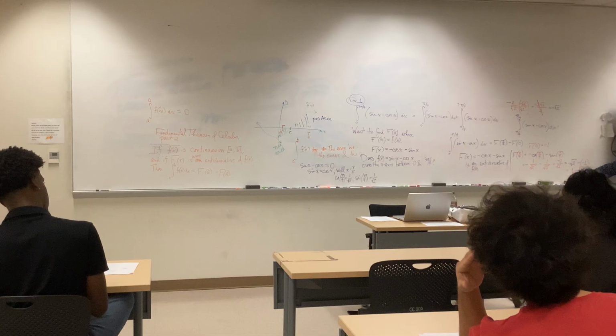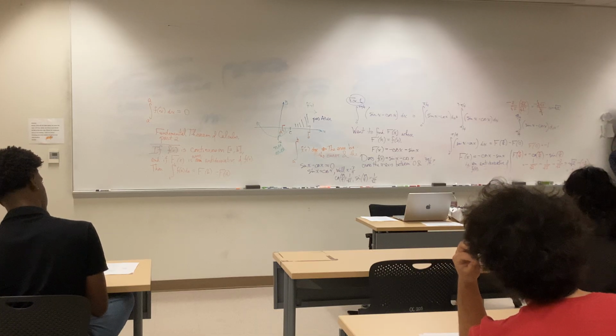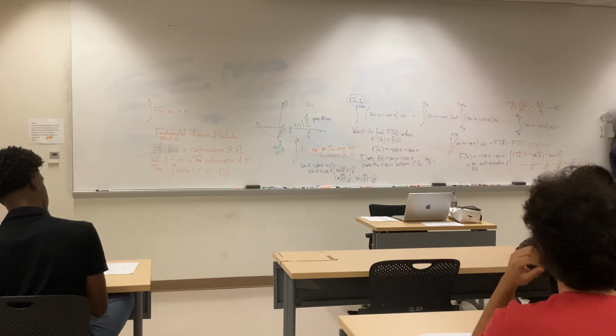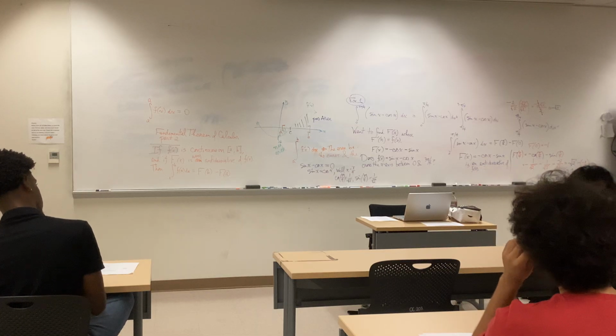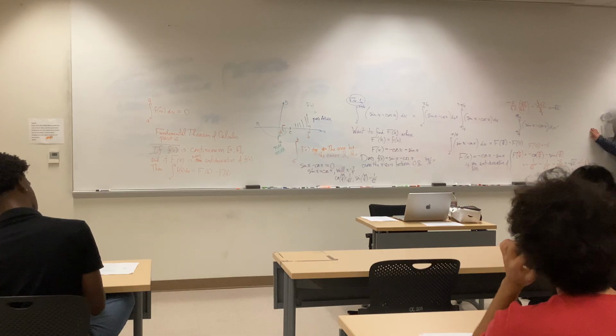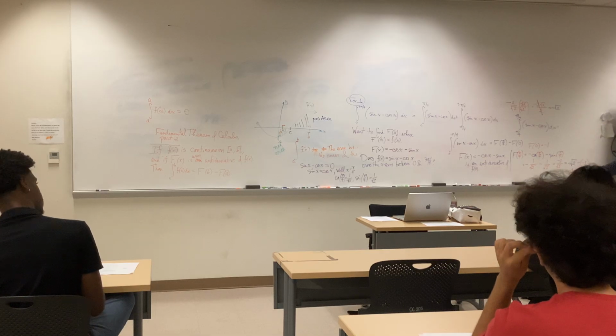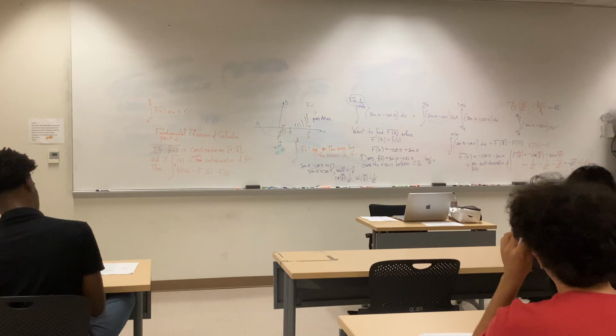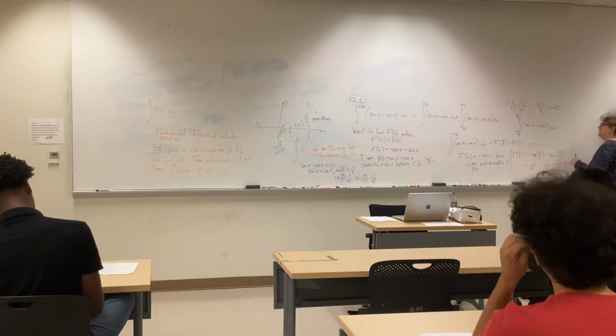Which is larger, 1 or the square root of 2? That's right. Square root of 2 is a number between 1 and 2, and so it's bigger than 1. So we do indeed get our negative area, and let's do the same thing for here.